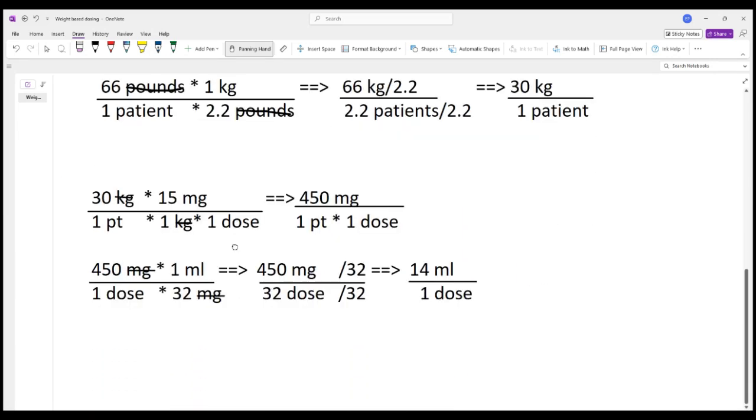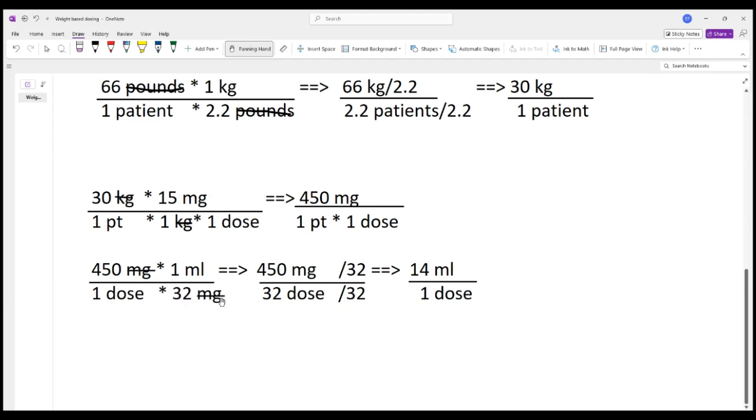All right, and so what I'm going to do right here, I got 450 milligrams, all right, is my 1 dose, right? I already know I'm just giving it to 1 patient. So, I could have kept that on there. We deal with 1 patient. All right. So 450 milligrams per 1 patient times 1 dose times 1 milliliter over 32 milligrams, right?